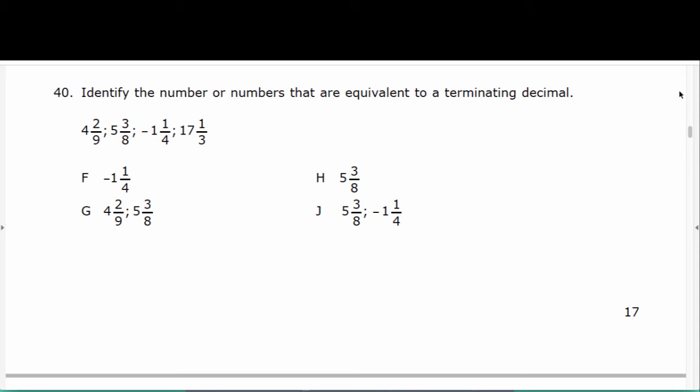F. -1 and 1 over 4. G. 4 and 2 over 9, 5 and 3 over 8. H. 5 and 3 over 8. J. 5 and 3 over 8, -1 and 1 over 4.